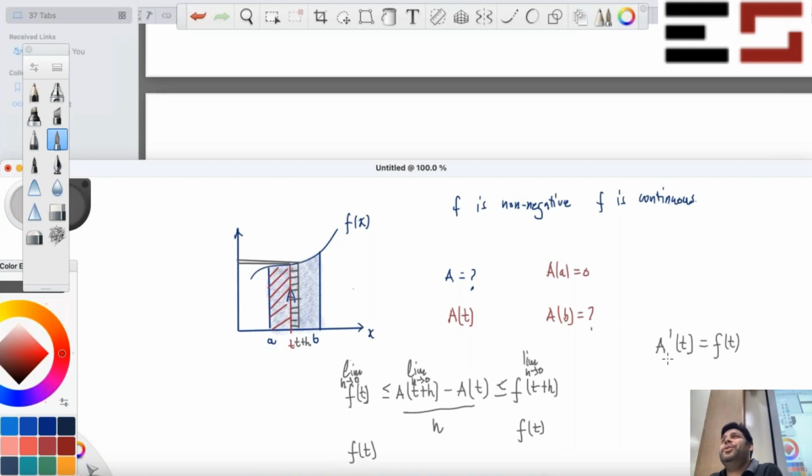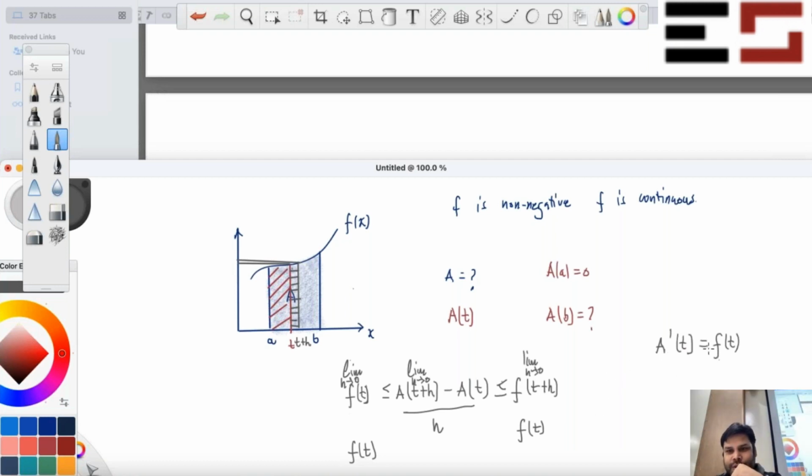Area. Now if the derivative of the area function is small f, then the area function must be one of the indefinite integrals. By definition, it must be one of the indefinite integrals. I mean, we still have to find which one it is, but it is definitely one of the indefinite integrals of small f. Do you agree?